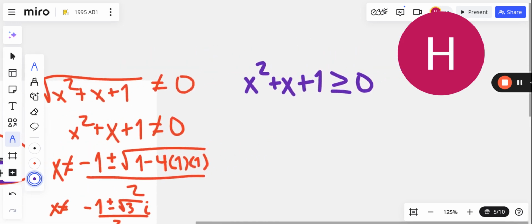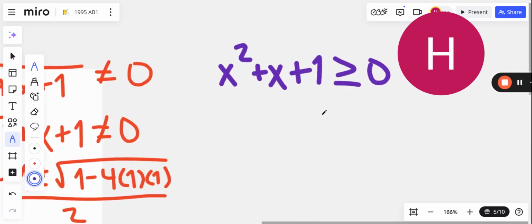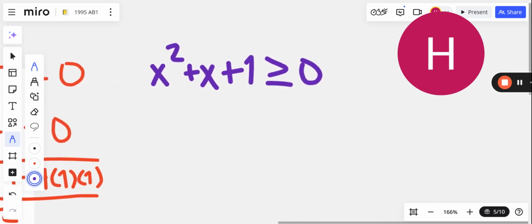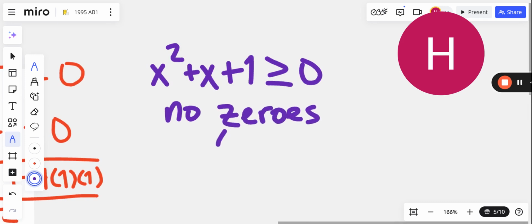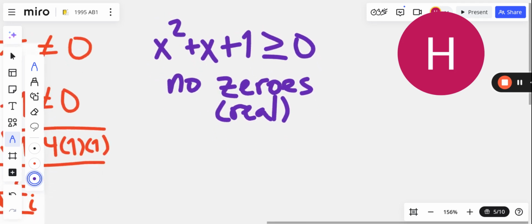So if there are no real zeros, what does that tell you about this? There are no real zeros. So it tells you that this is always going to be greater than or equal to 0. Specifically, it's going to always be greater than.